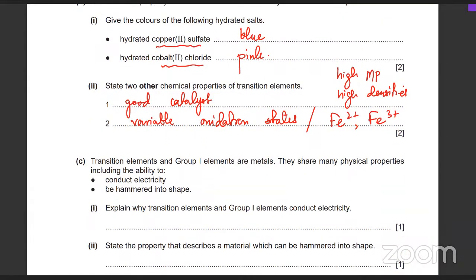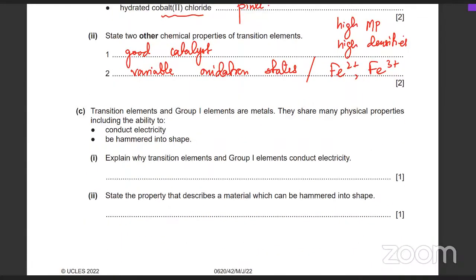Now, transition elements and group 1 elements are metals. They share many physical properties, including the ability to conduct electricity, to be hammered into shape, malleable and ductile. Explain why transition elements and group 1 elements conduct electricity. Why do they conduct electricity? Because they have delocalized, mobile electrons.